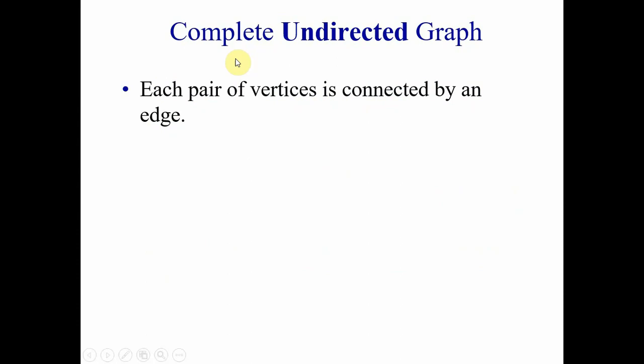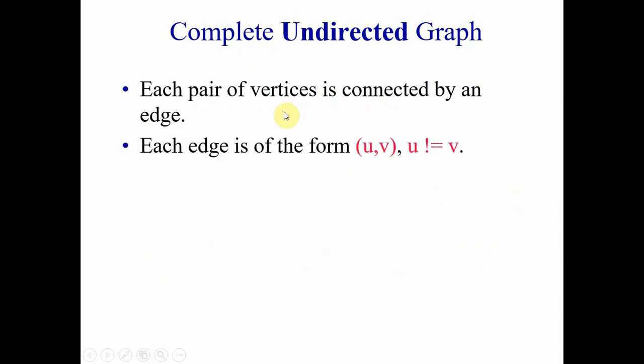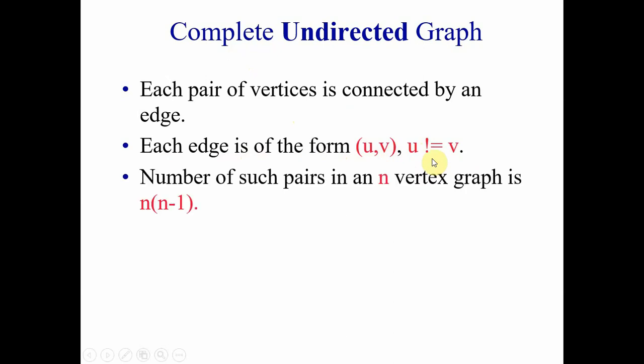So here, for a complete undirected graph, you can see that each pair of vertices is connected by an edge. So each edge is of the form uv for u not equal to v. Remember, u and v are vertices, or nodes. So the number of such pairs in an n-vertex graph is n times n minus 1.